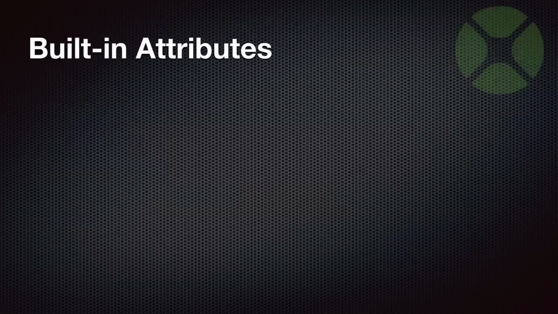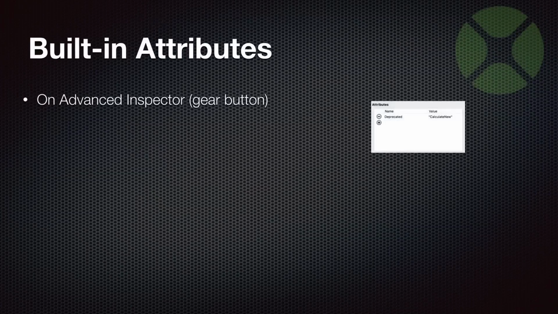So we'll start with an overview of the built-in attributes. If you haven't used attributes before, they're available on the advanced inspector in Xojo, and that pops up a little window you can see here. That shows one of the built-in attributes that is available. It is called deprecated.